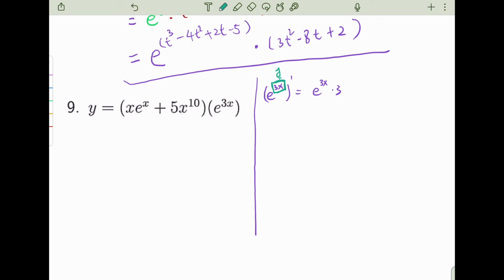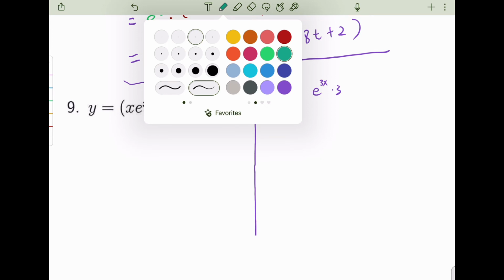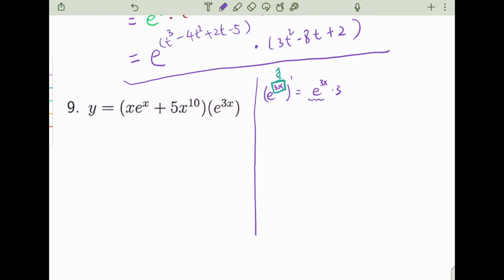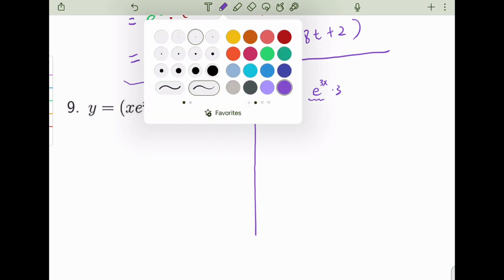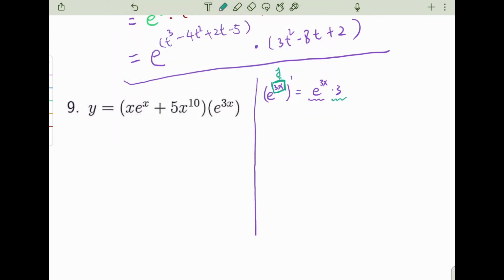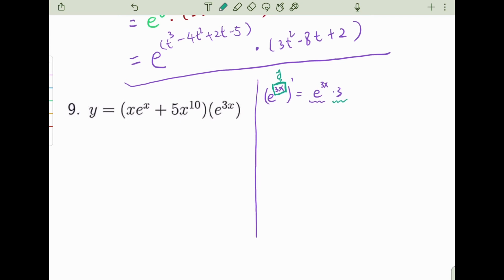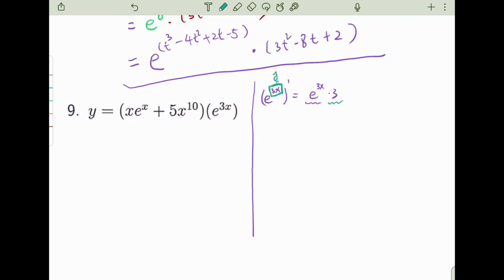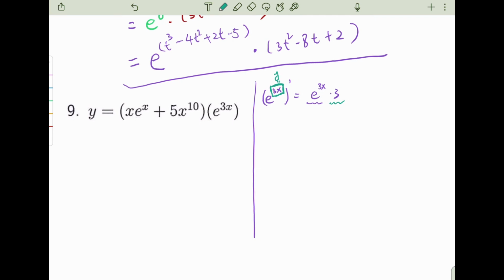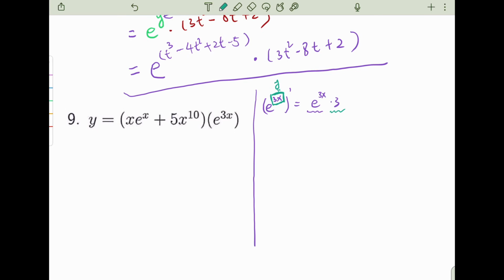And this e to the 3x here is the derivative of this exponential function with respect to y. So that is the derivative of e to the y. That is why it's e to the 3x. And the other 3 here is the derivative of 3x with respect to x. So that is why this 3 comes out. And that is about the chain rule, okay?